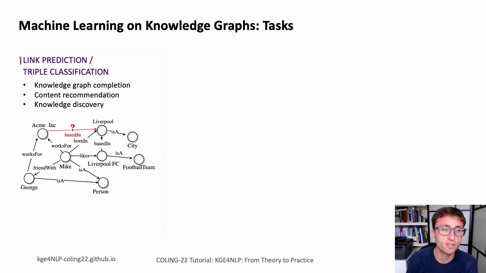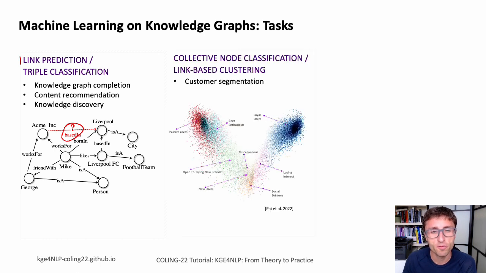And this is the task of predicting whether there is a missing link between two nodes in a graph. Now, this can be used for many different use cases, from knowledge graph completion to content recommendation to knowledge discovery in general. But machine learning on graphs doesn't really stop there.